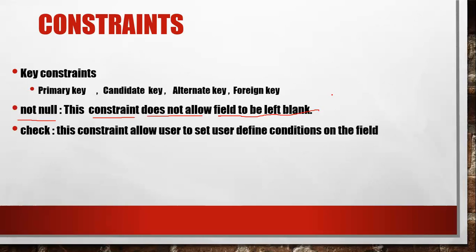Suppose I have created a field age, and I don't want any person whose age is less than 18 to be entered in the table. How can I impose such a limitation? It is a user defined constraint.